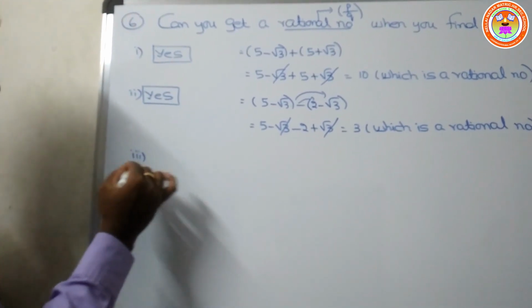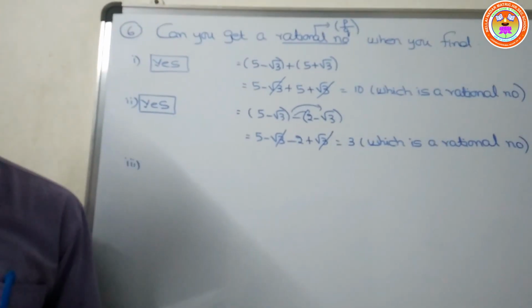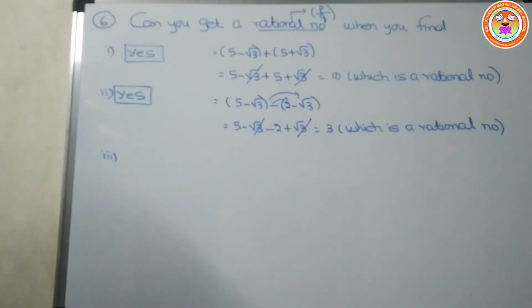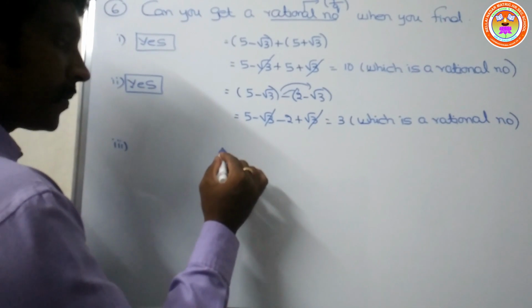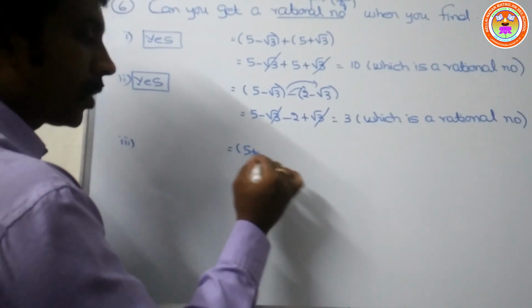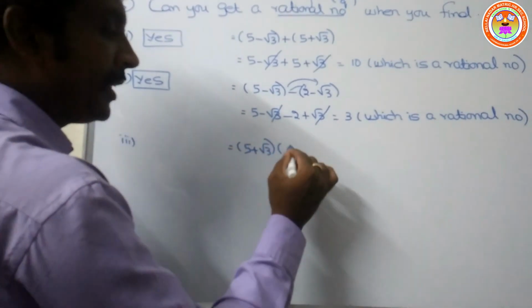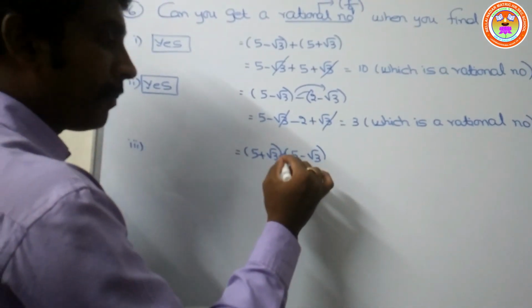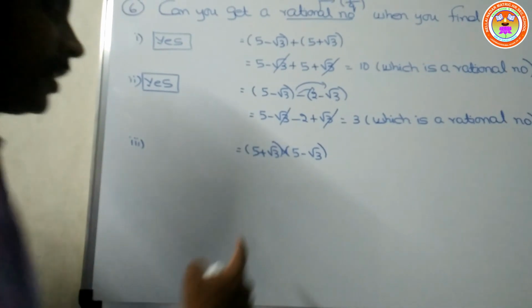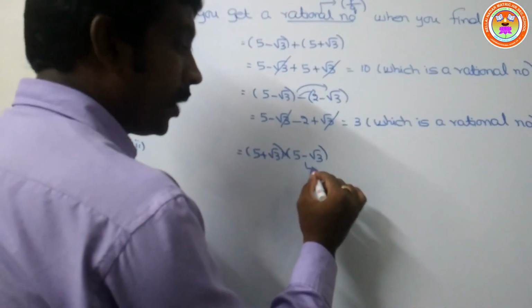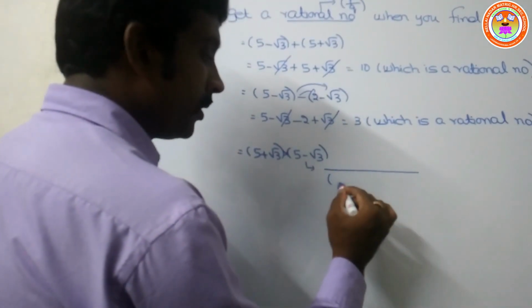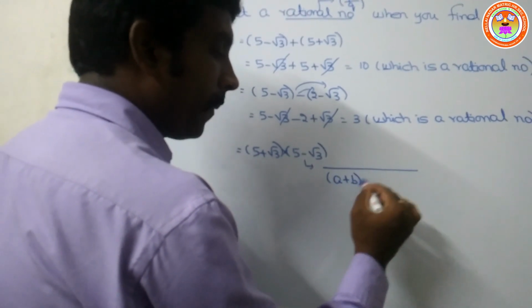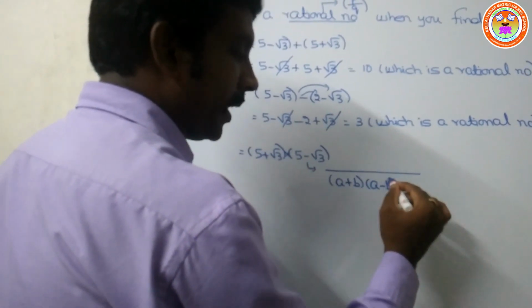Third one, the product of two surds. 5 plus root 3 into 5 minus root 3. Product, multiplying. Now what type of formula are we applying? It is in the form of a plus b into a minus b.